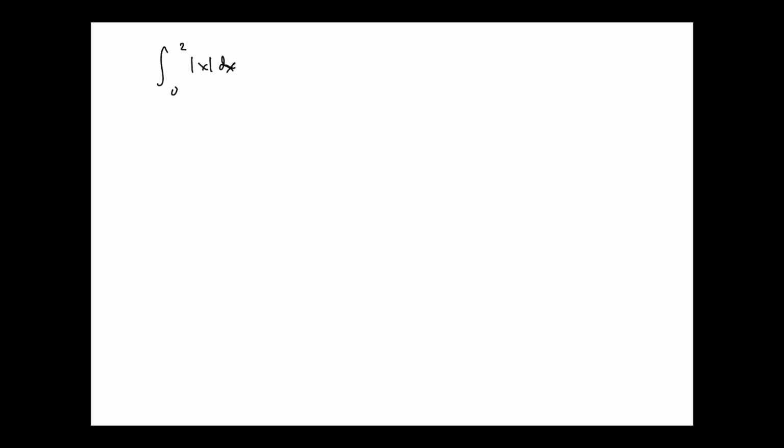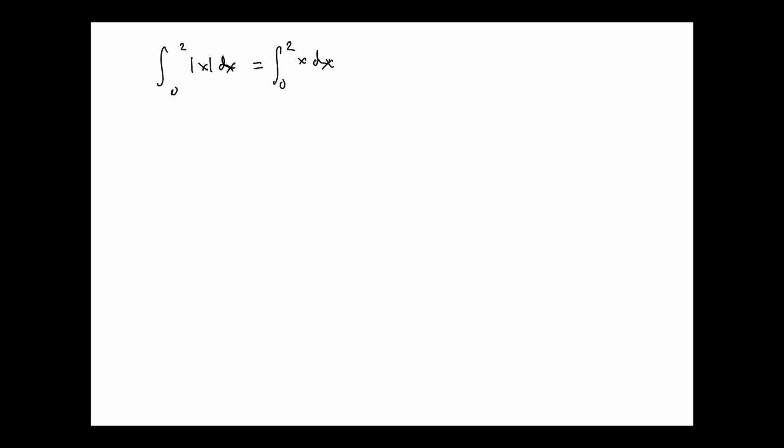Okay, but what's true about the absolute value if the values that we're dealing with are positive to begin with? Yeah, so if x is between 0 and 2, the absolute value of x is just x, right? Okay, so this is actually the same as this.